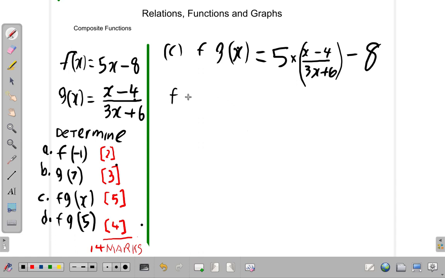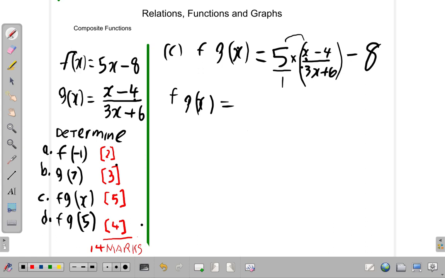So what you have is fg of x equals 5 times all of this. Remember, the 5 will not multiply up top and down the bottom too. 5 is really 5 divided by 1. So since the x minus 4 divided by 3x plus 6 is a fraction, let's turn the 5 into a fraction as well by putting it over 1.